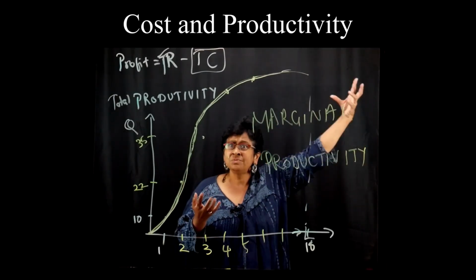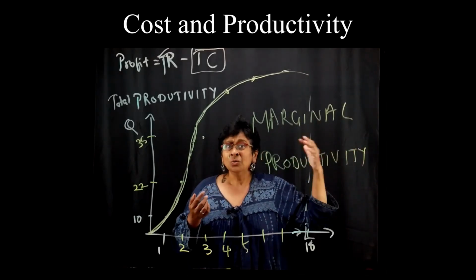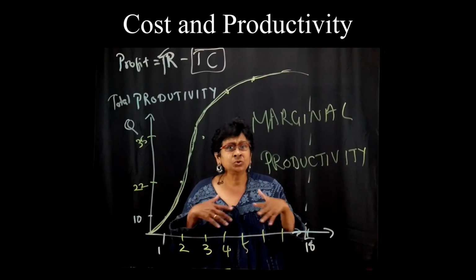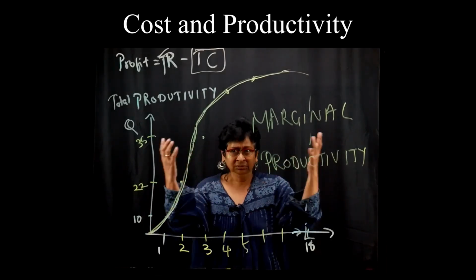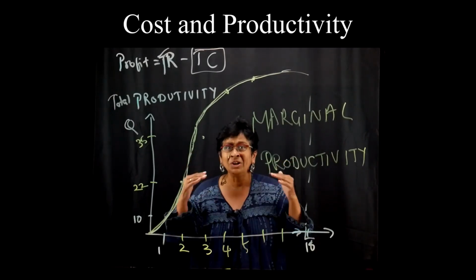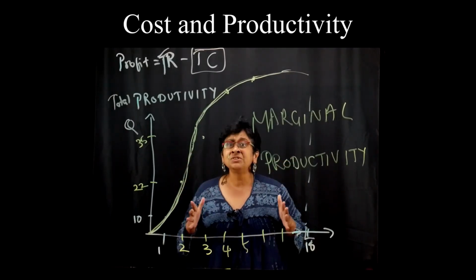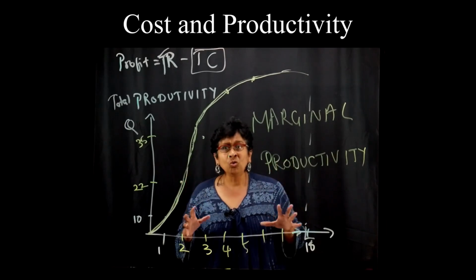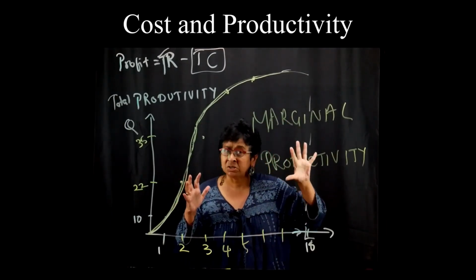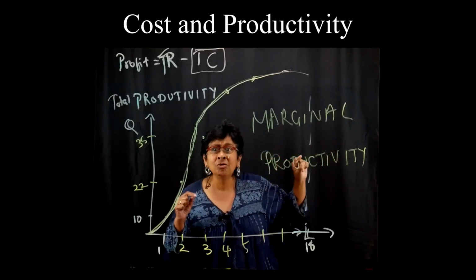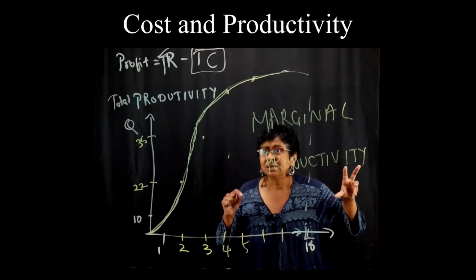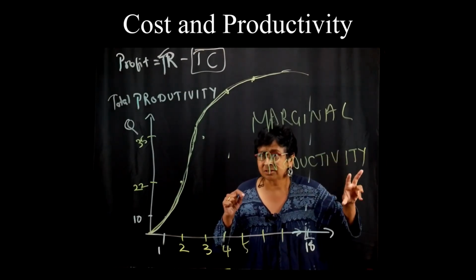And so the law of diminishing marginal productivity will then mean that a simple expansion, that you keep on adding workers, and that's going to keep helping you produce more and more, and it's going to be profitable, will not make sense. So profit maximization is always going to be shaped by the law of diminishing marginal productivity, because it is going to have an impact on your total costs.